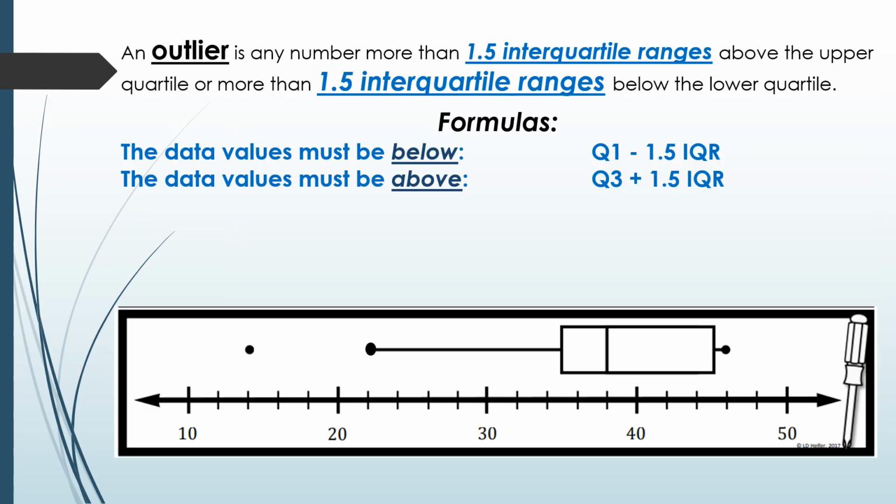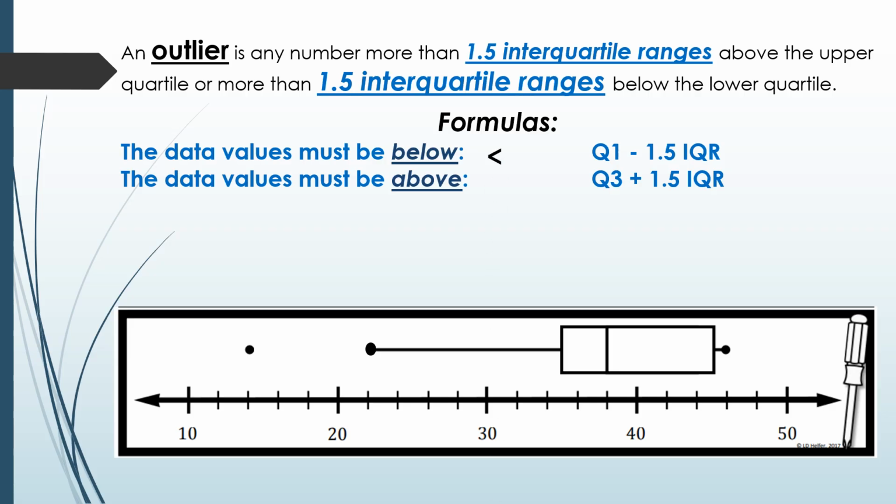An outlier is any number more than 1.5 interquartile ranges above the upper quartile, Q3, or more than 1.5 interquartile ranges below the lower quartile, Q1.